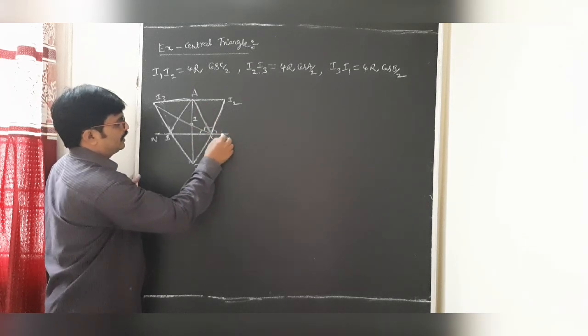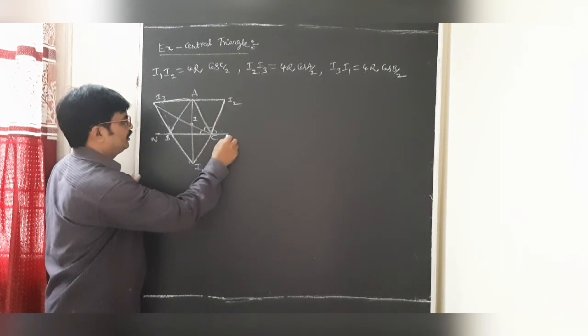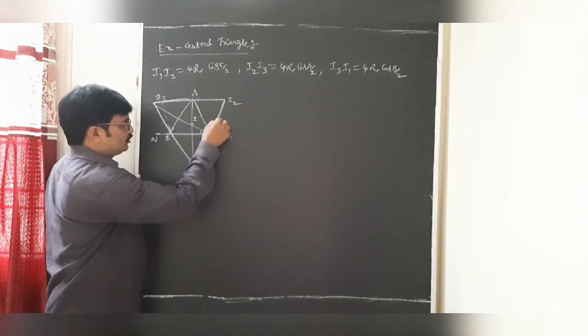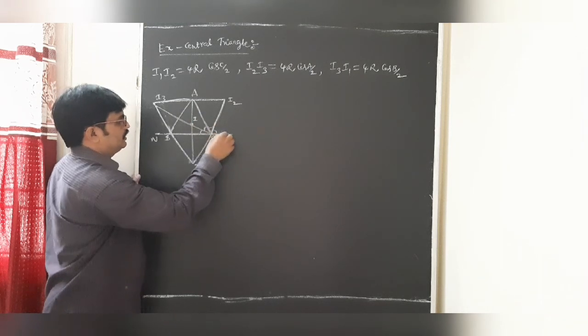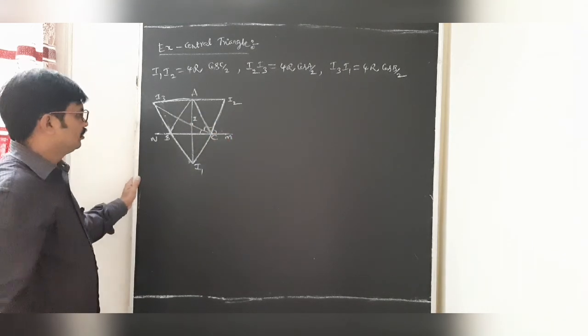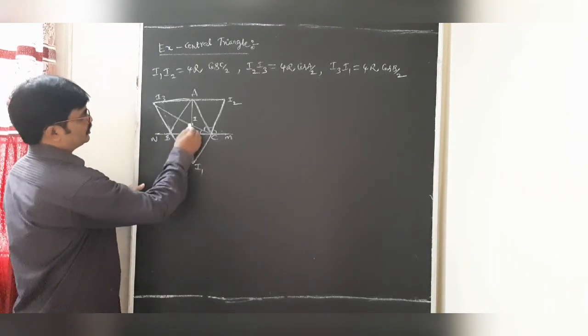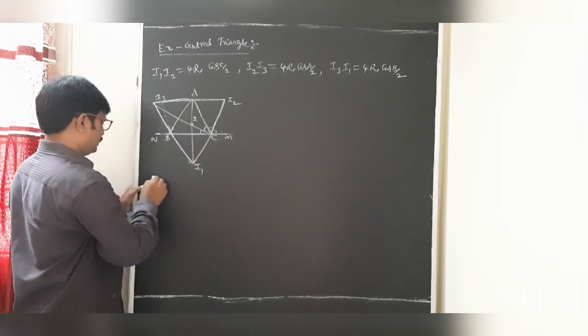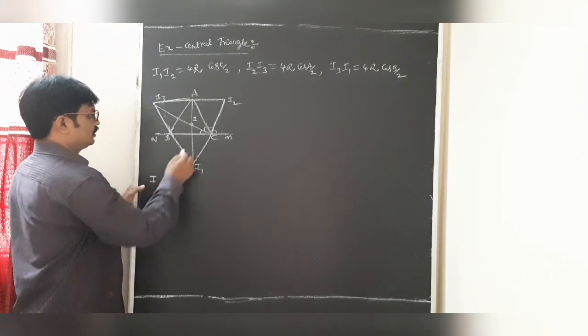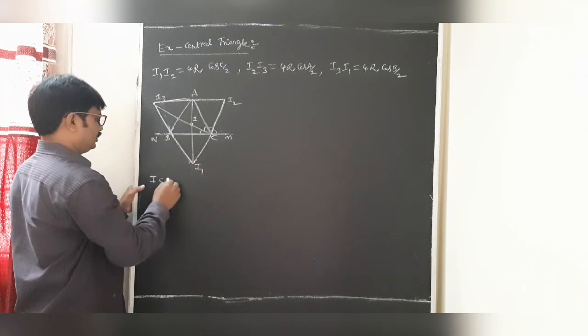ACM is the external angle of C. Here I2C bisects the ACM. Okay, my dear students, please concentrate here. Now we first find the angle I2.